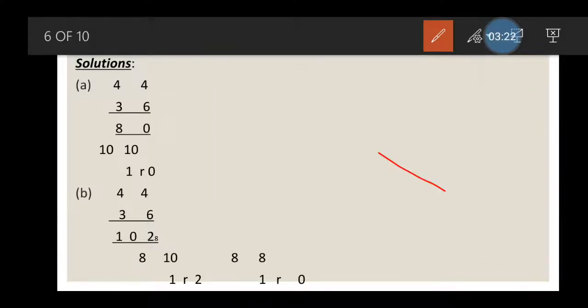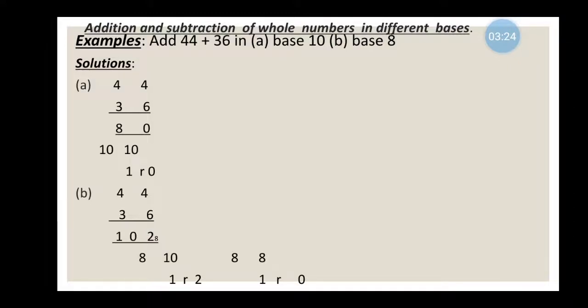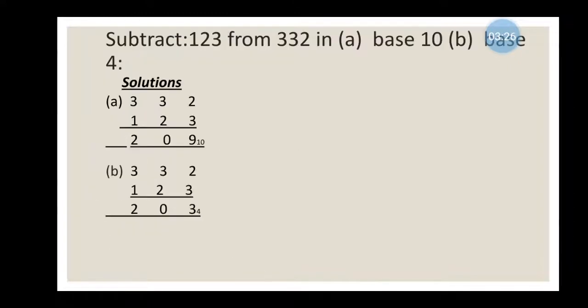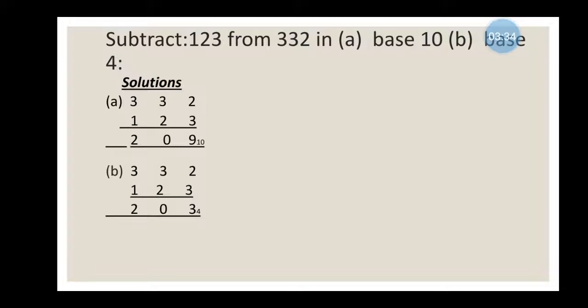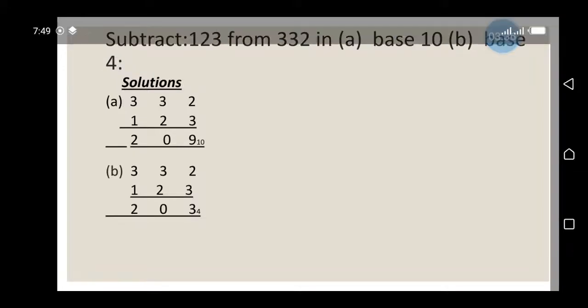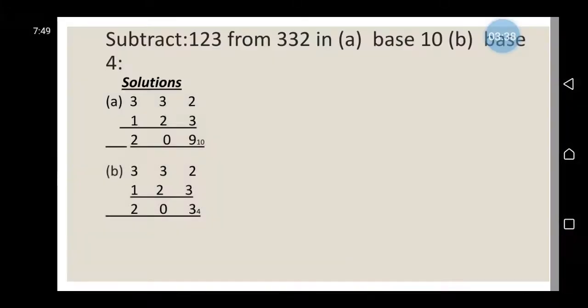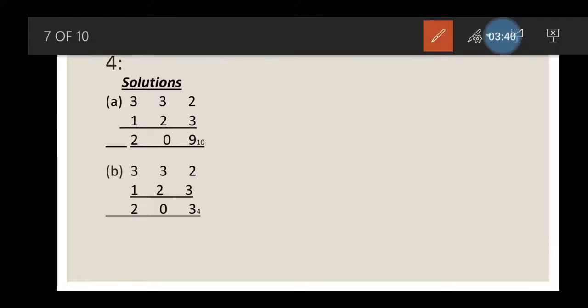Okay. The subtraction aspect says we should subtract 123 from 332 in base 10 and in base 4. So please follow me closely as we do this together.